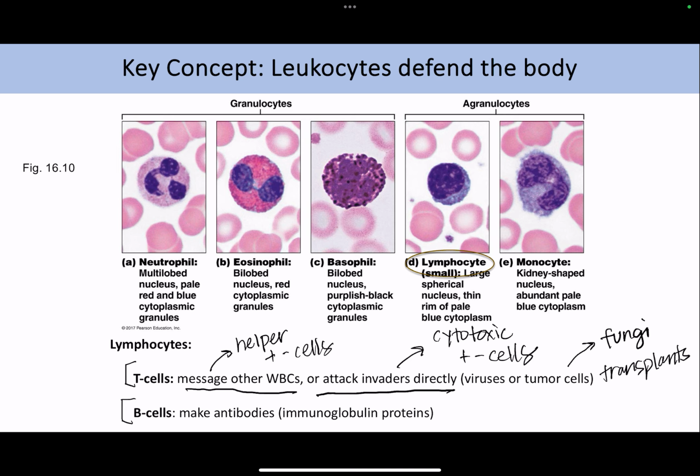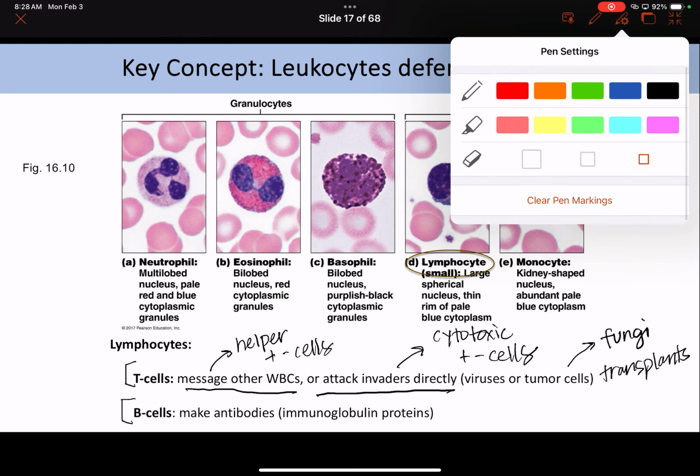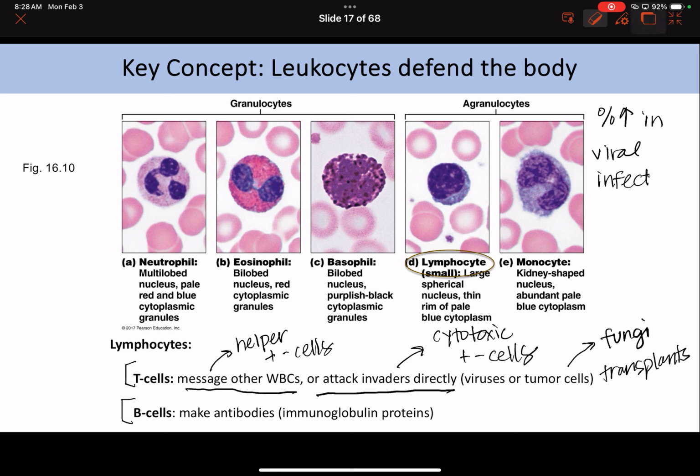With lymphocytes, its percentage and number are going to increase in viral infections. But sometimes that means that other white blood cell types, their percentage will actually go down. And I believe that's in your notes.